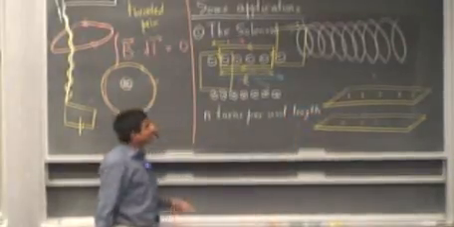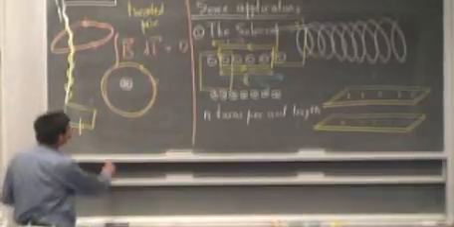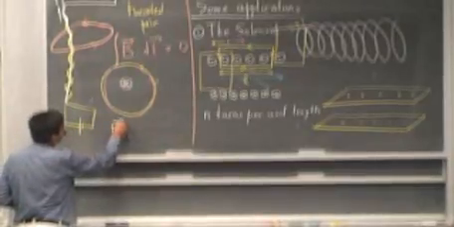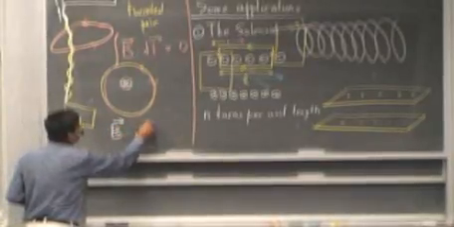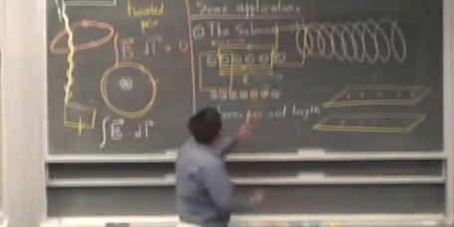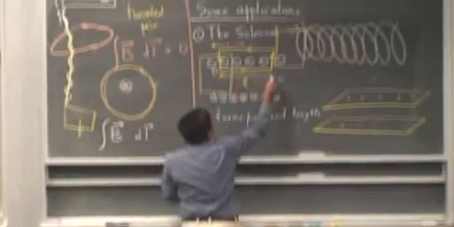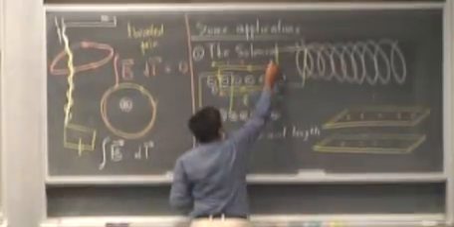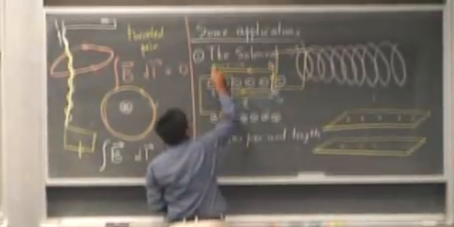Okay. Now we look at Ampere's law. We have to form B dot dl along the path and take its integral. So we go from 1 to 2, 1, this is 0.2, 0.3, 0.4.